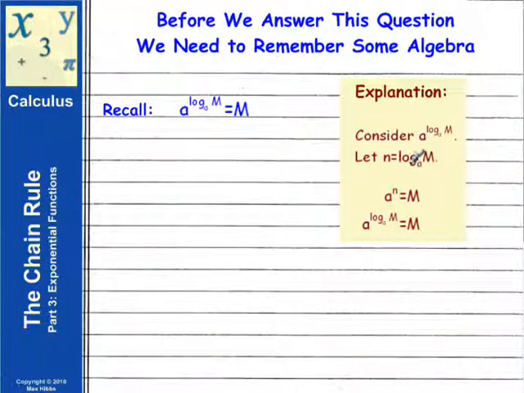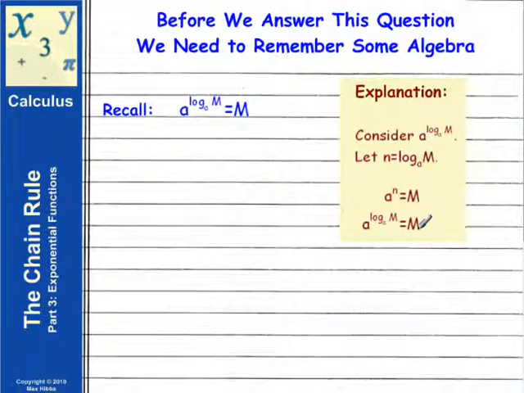By the way, what this means is that if n is equal to the log of m base a, then a to that power n is equal to that number m, and that's really what I've written here. And now we go back and say, okay, well, a to the n, and n is nothing more than the log of m base a, then a to the n must be equal to m.